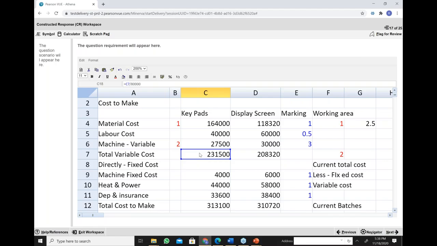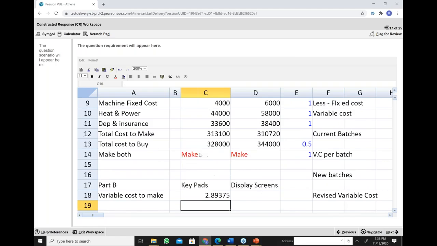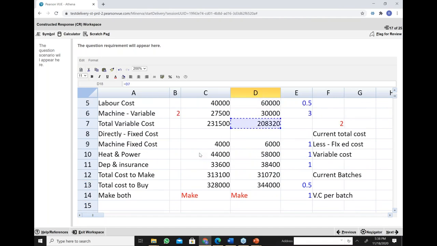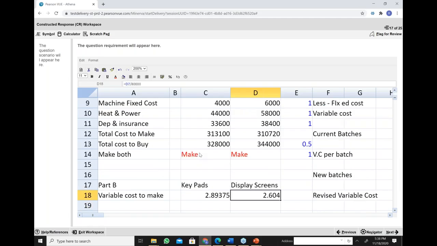So this variable cost divided by 80,000 gives you 2.8935. Exactly the same I'll do here. The variable cost given to me divided by 80,000 is 2.604. So variable cost to make, step number one, is done.